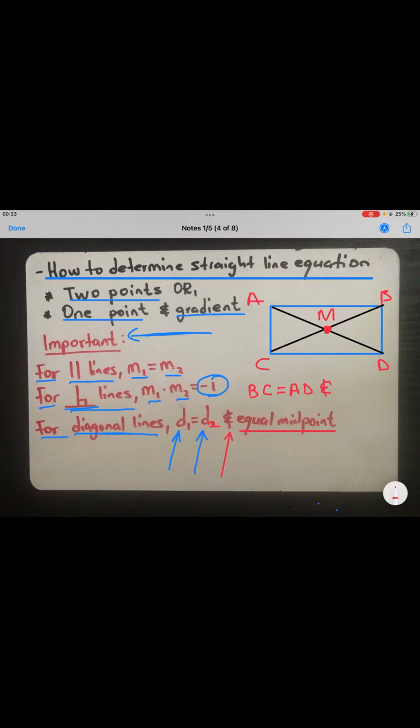So just know that if you know the coordinates of C and the coordinates of B, if you calculate the midpoint using B and C, that midpoint is the midpoint again of AD. So that's all that you need to remember, honorable members.